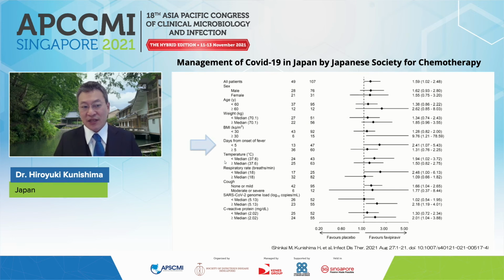Favipiravir is considered effective in non-severe COVID-19 patients. Currently, additional clinical trials are ongoing in Japan. Notably, preclinical data show teratogenicity, and thus careful guidance is needed.